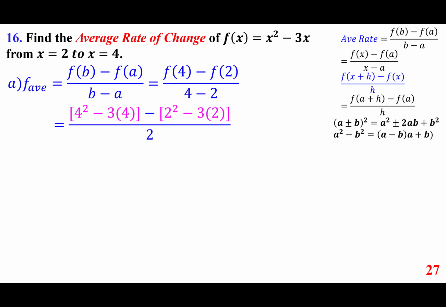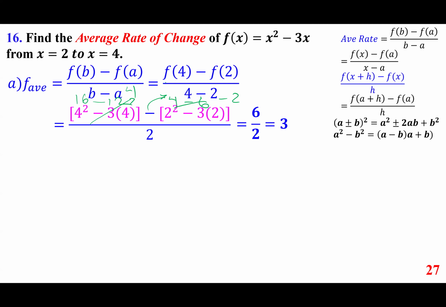This is 16 minus 12, which is 4. Minus 6. So 16 minus 12 is a 4. So this one is 4, and this one is -2. With this negative becomes positive. So 6 halves, which is 3.